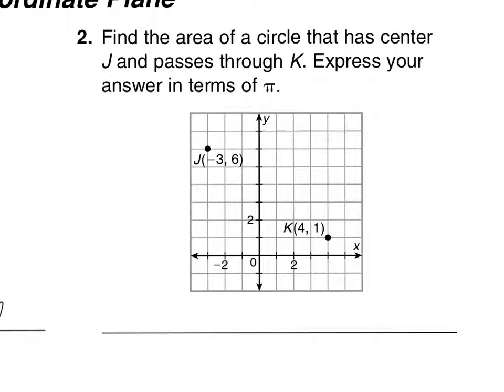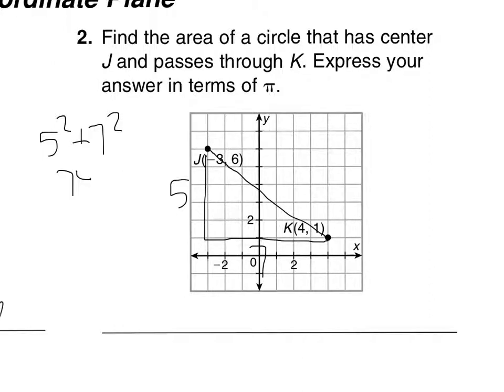Okay, find the area of the circle. So all I need to find the area of a circle is the length of the radius. So these are already on here. From -3 to 4, that's 7. From 6 to 1, that's 5. So 5 squared plus 7 squared. That's 74.